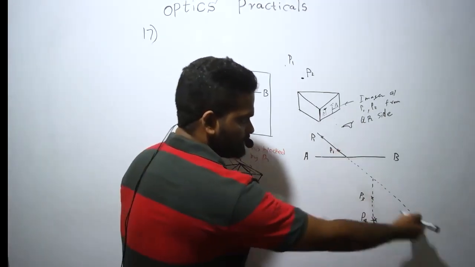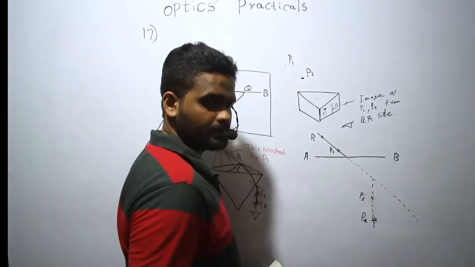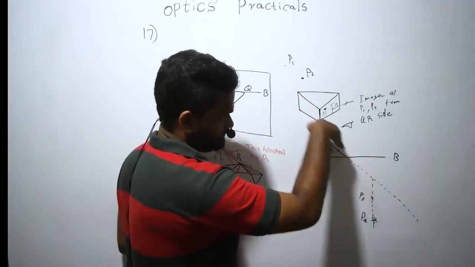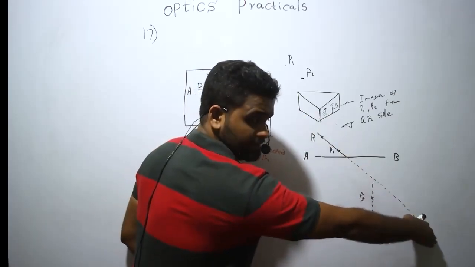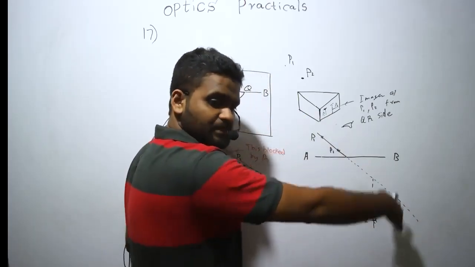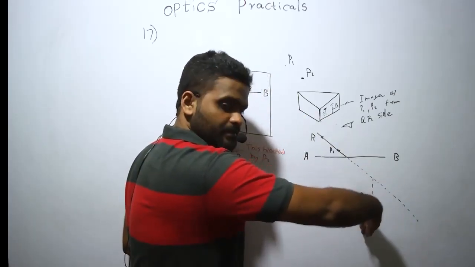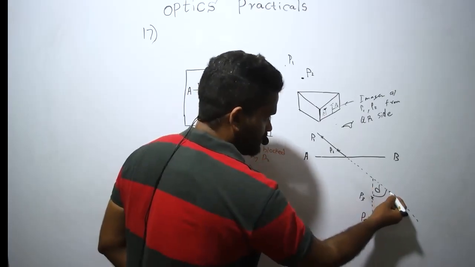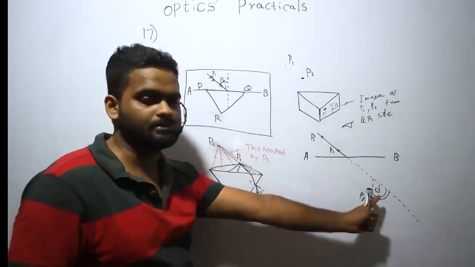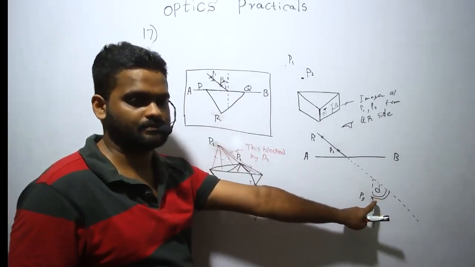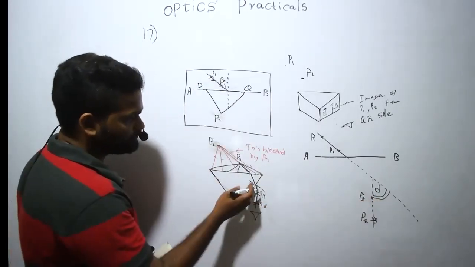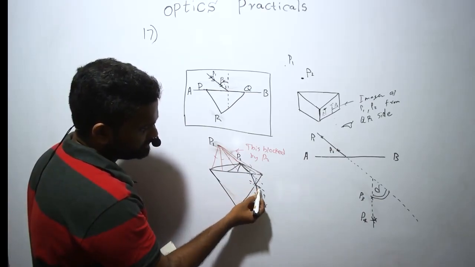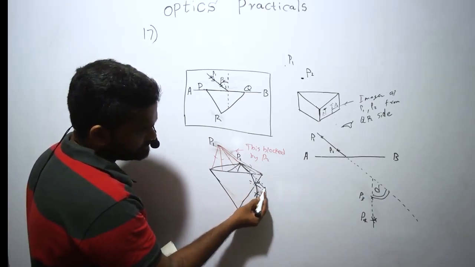Then you can draw this line and this line, right? This is the incident ray. It was going to go like this. But finally, as the ray emerges from the prism, it has deviated this much. So this is simple d, the angle of deviation. If you draw it here, you can extend this one. Then this is the angle of deviation.